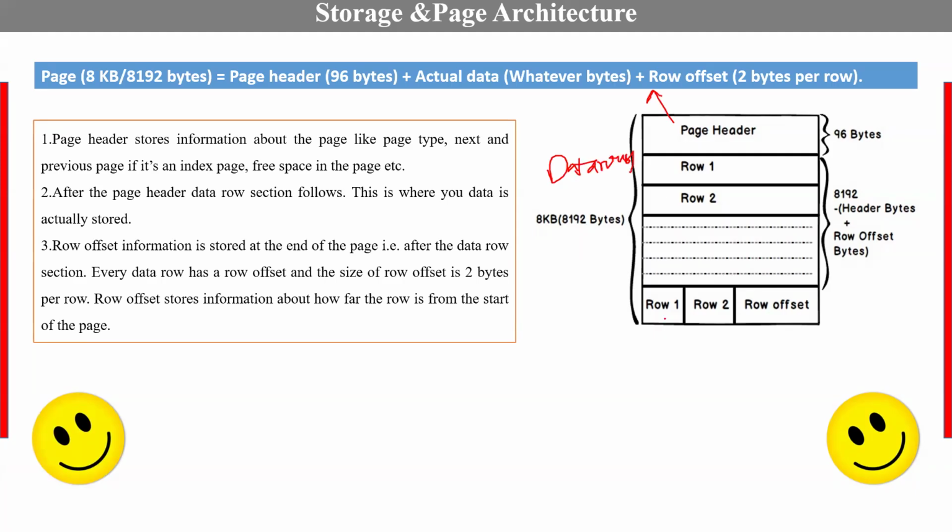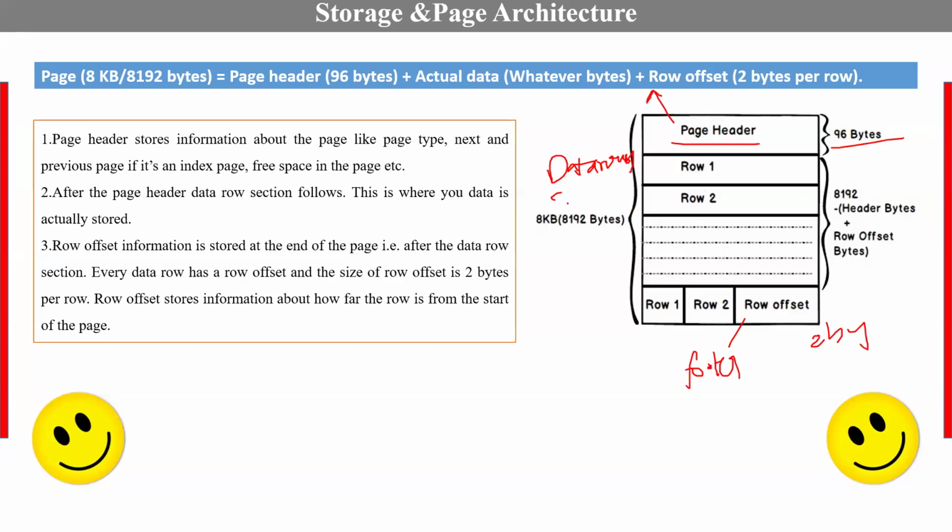It is a header. It is a footer. So what information is available in the page header? Page header size is 96 bytes. Page footer size is 2 bytes.